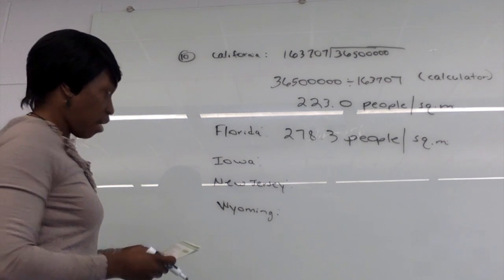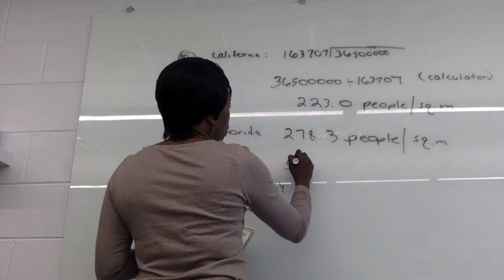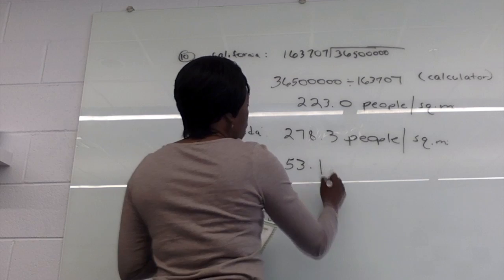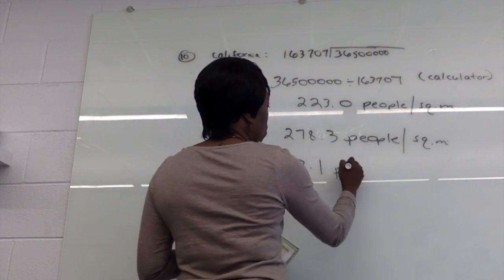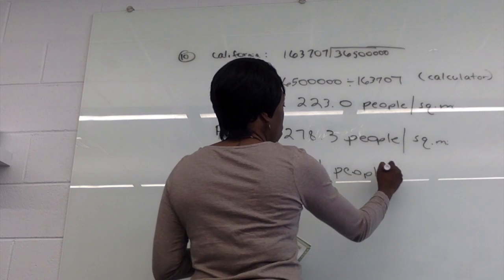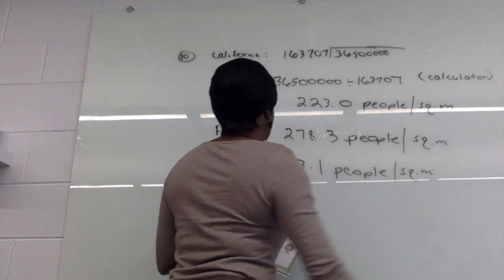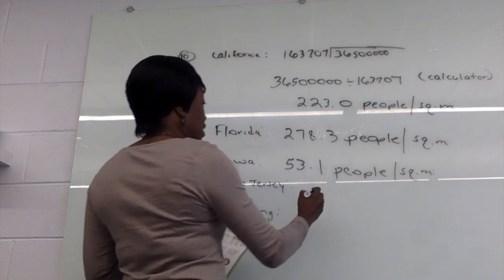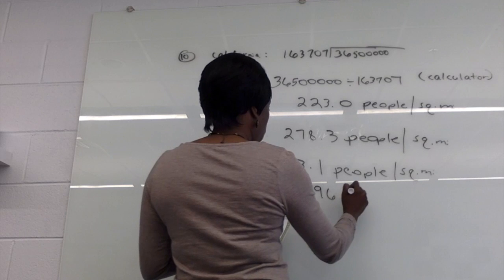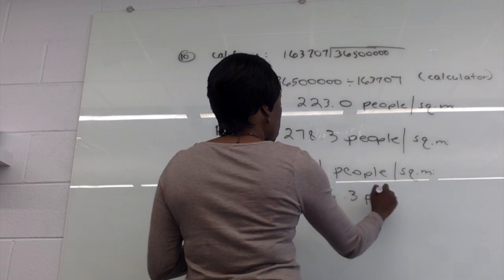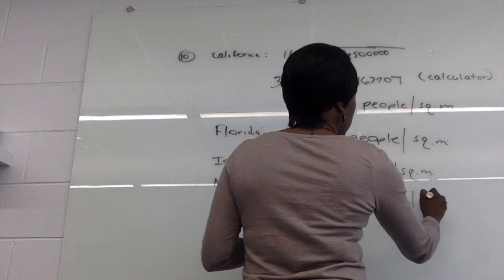All right, let's go to Iowa. For Iowa, we're going to do the same thing, and we're going to get 53.1 people per square mile. New Jersey is 996.3 people per square mile.